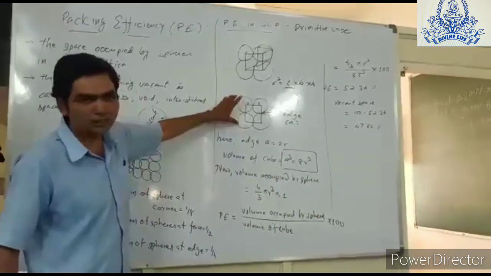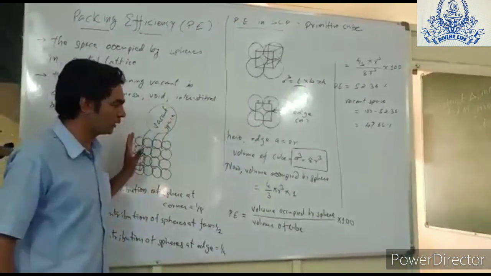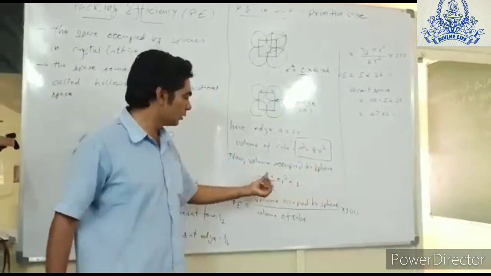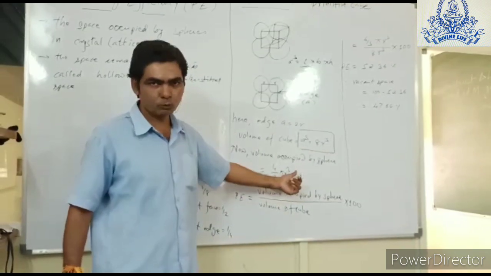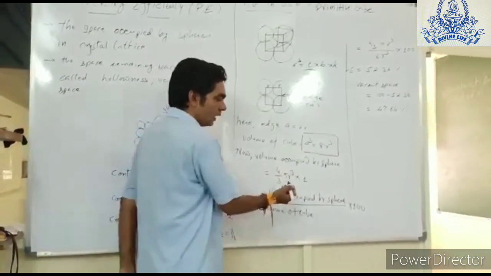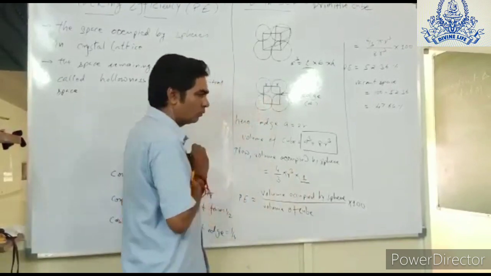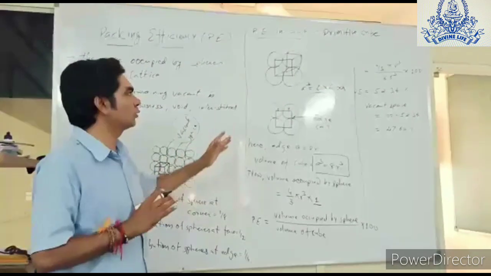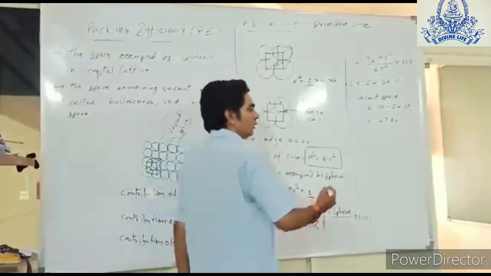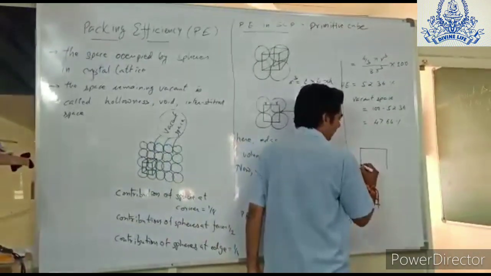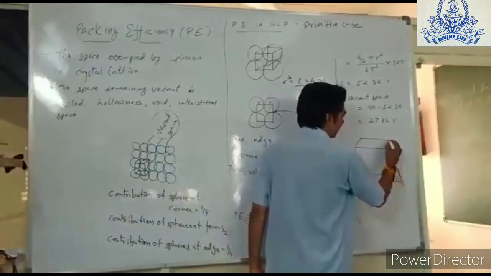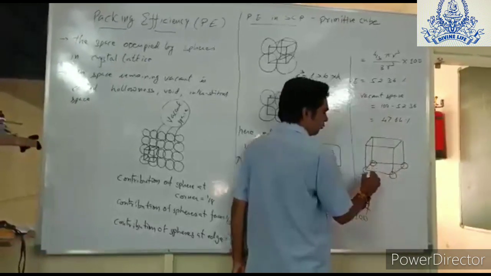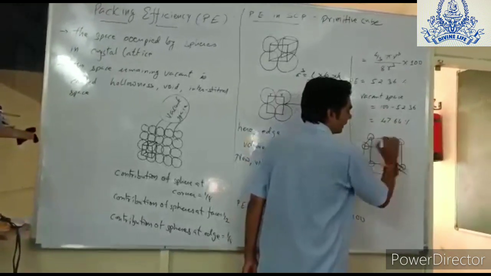Now spheres are stacked in the arrangement. The volume of a sphere, as we have studied in lower standard, is 4 by 3 pi r cube. Here I have written 1. Why 1? In SCP, in simple cube or primitive cube, there are 8 atoms at 8 corners: 1, 2, 3, 4, 5, 6, 7 and 8.